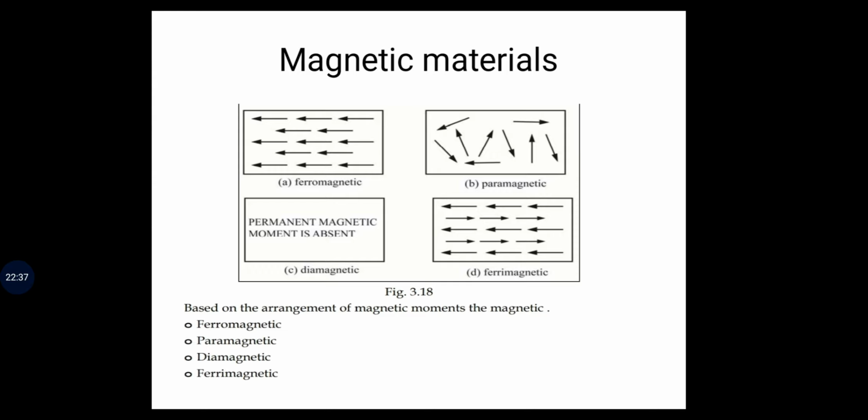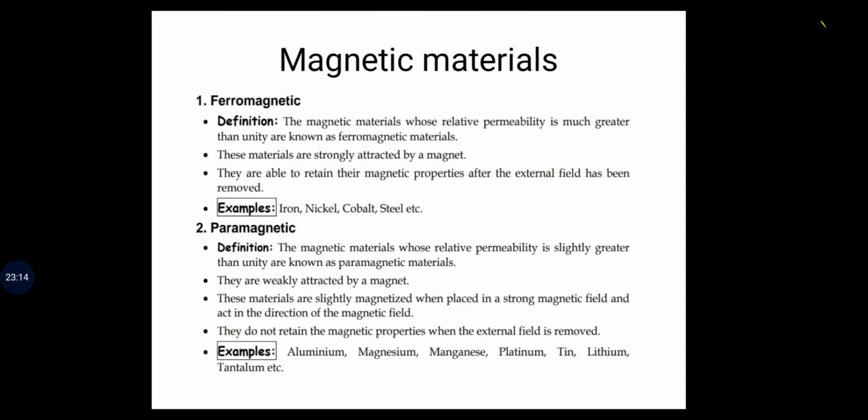Based on the arrangement of magnetic moments, magnetic materials are of four types: ferromagnetic materials, paramagnetic materials, diamagnetic materials, and ferrimagnetic materials. So what is meant by ferromagnetic materials?